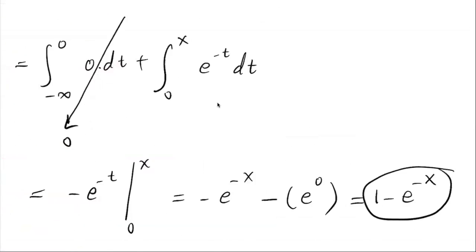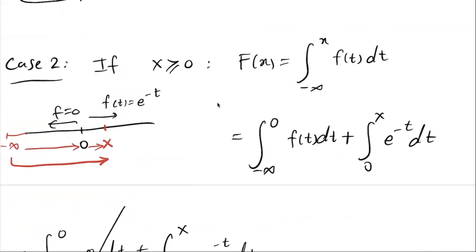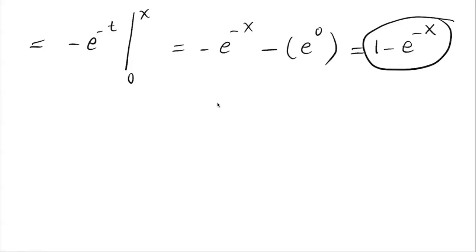Capital F of x is 1 minus e to power minus x for x bigger than or equal to 0. Therefore, we found the formula for capital F of x.